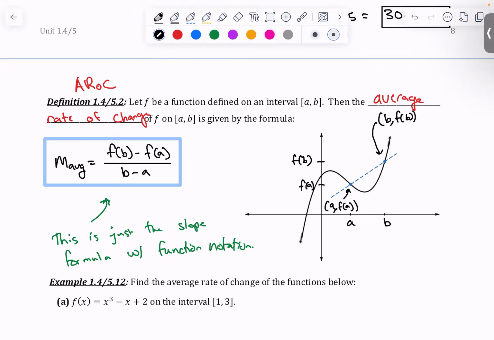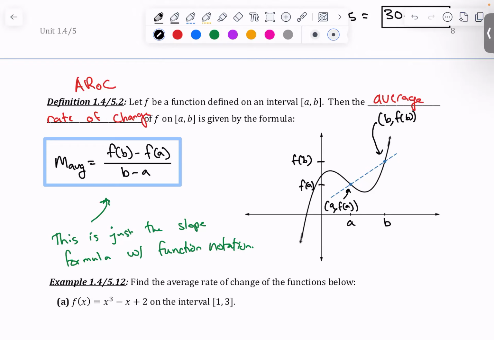Why? Because functions, once again, have good interpretations that help us see things a little bit better sometimes. So we're going to look at it purely in a mathematical context. But what I will tell you is that you can use this formula to figure out things.